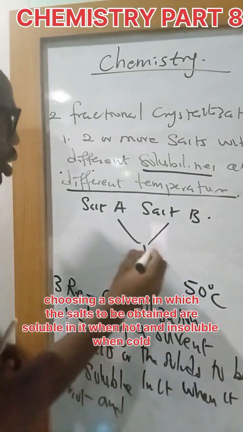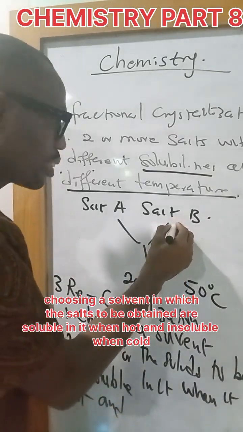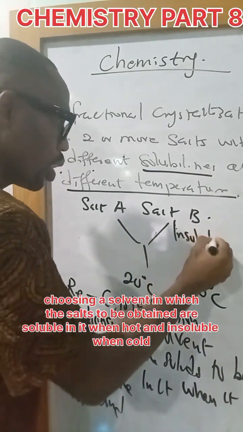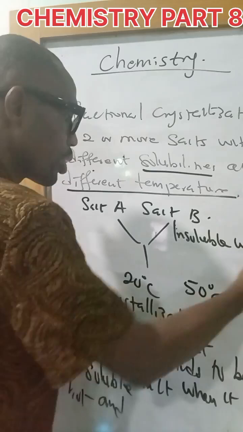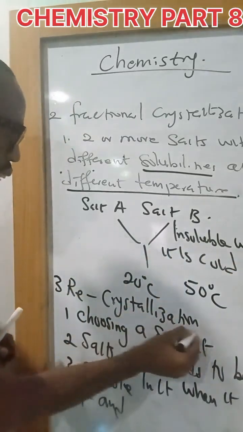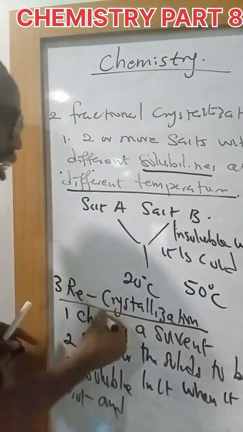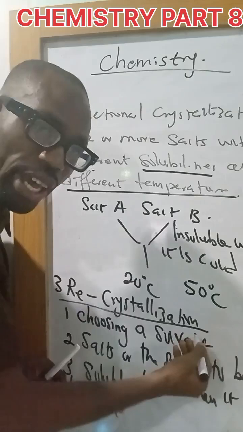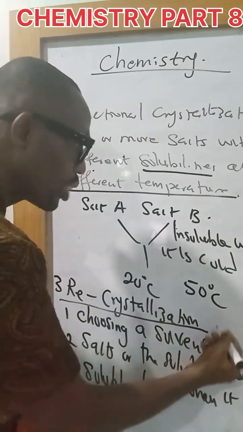And, let me write here so that you can see, and insoluble when it is cold. The essence of recrystallization has to do with redissolution of the salt in the solvent.